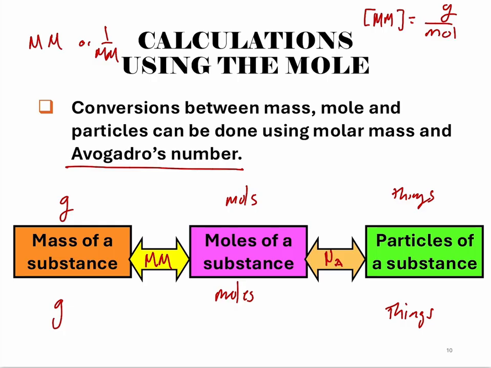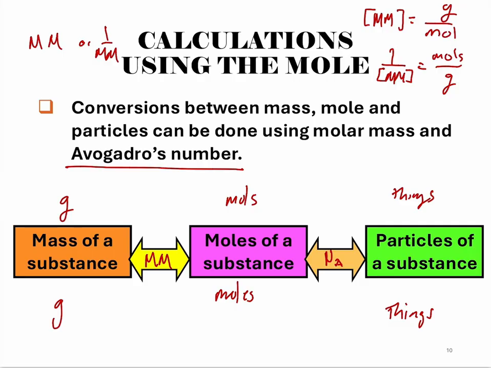What are the units of 1 over the molar mass? If you invert it, what does it do to that ratio? It flips it over, right? So that'll be moles per gram.